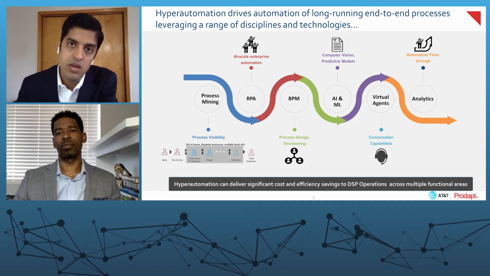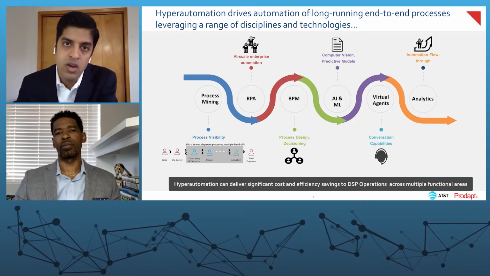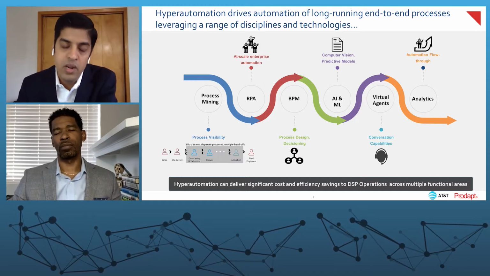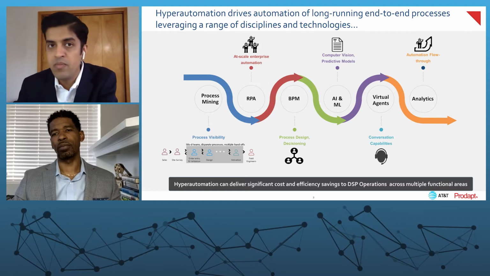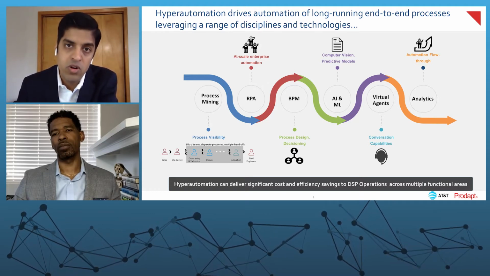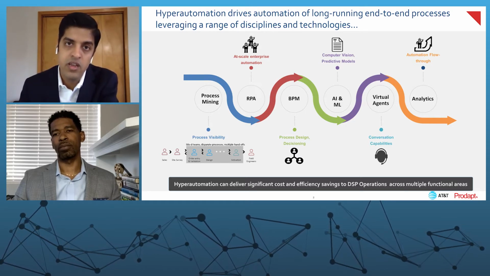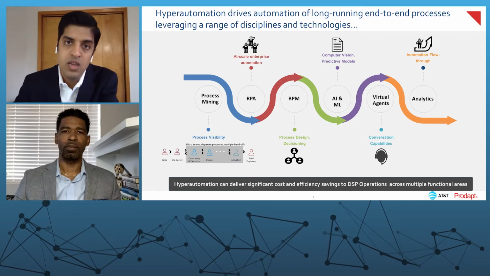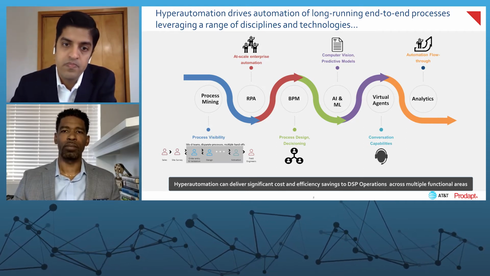So when we use technologies such as process mining in conjunction with our automation platforms, and then bring in flavors of AI and machine learning for things like computer vision and analytics to help us understand how to improve the automation, then you really have a hyperautomation factory going, where you're able to progressively increase the breadth of automation and increase the stability of automation.